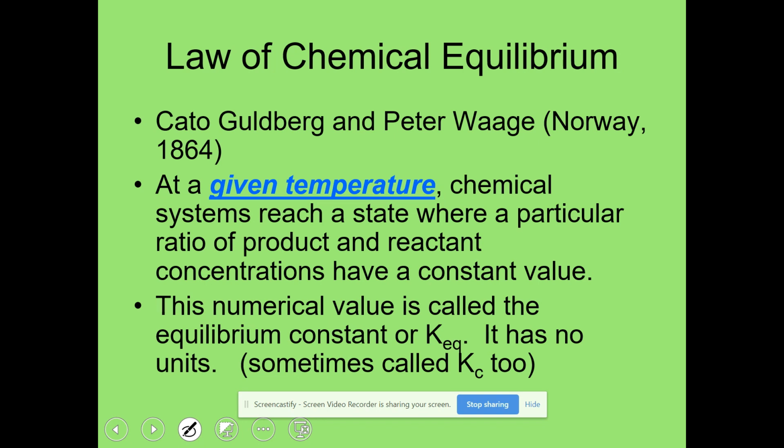And that value is called the equilibrium constant, and we use KEQ. Sometimes they use KC to represent it. What we're going to learn to do today is to write the expression, like the ratio of products to reactants, and then use the expression and some data to actually calculate KEQ values.